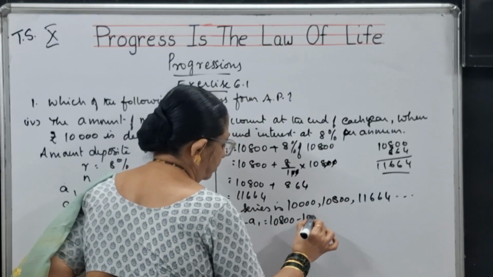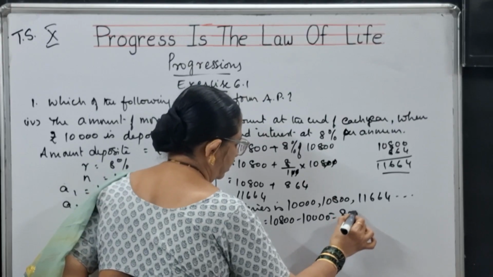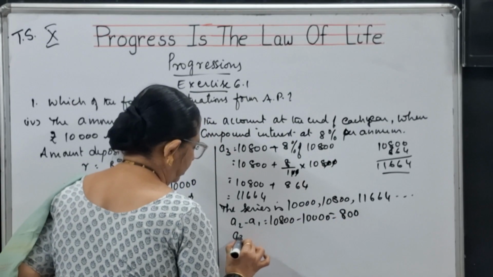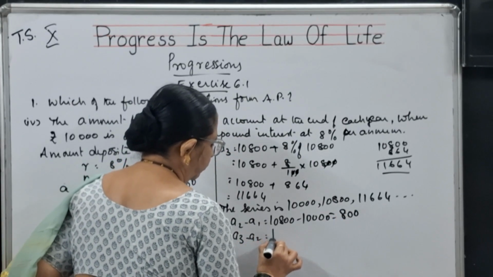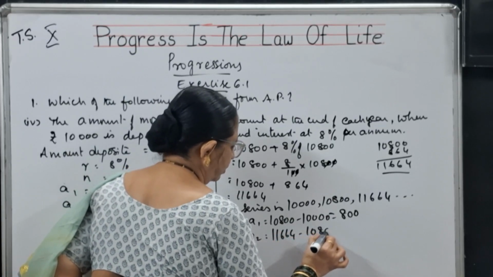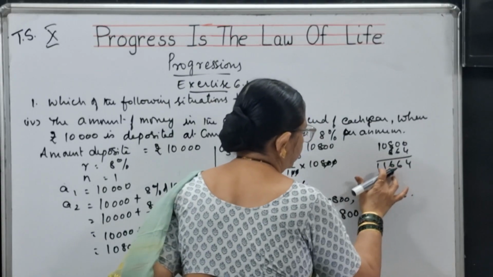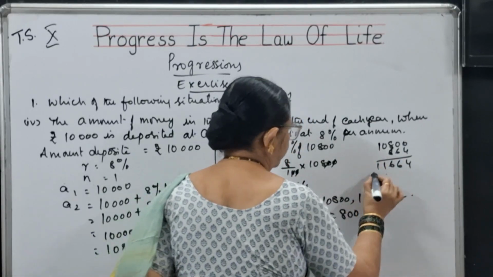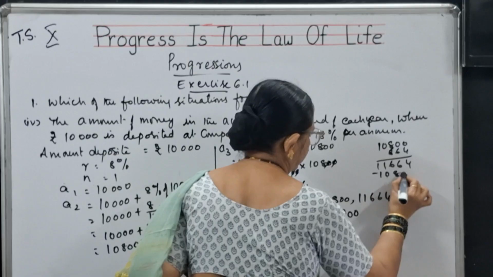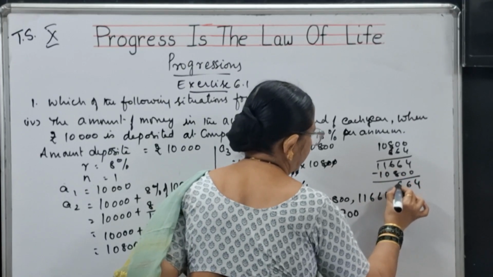So what is A2 minus A1? 10,800 minus 10,000. How much am I getting? 800. Now A3 minus A2, 11,664 minus 10,800. So let us see. If I do it here, 4 here, 6 here, 8 here.